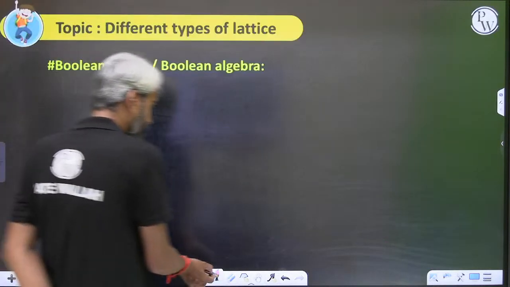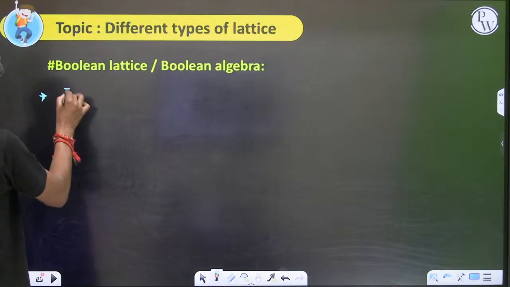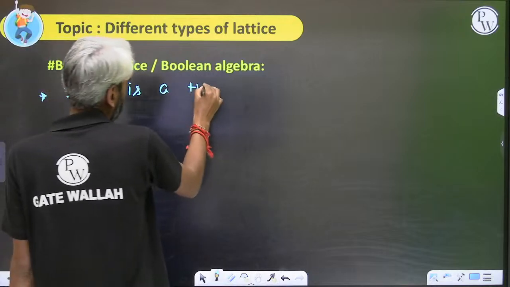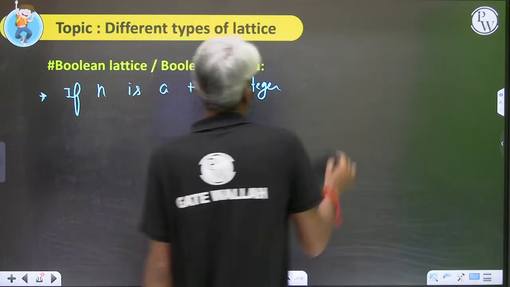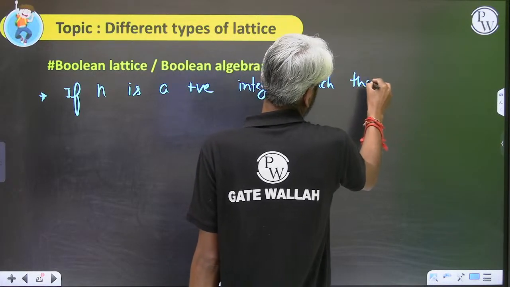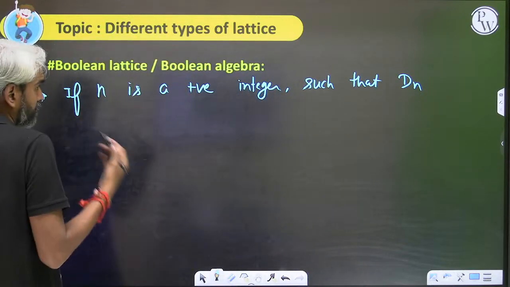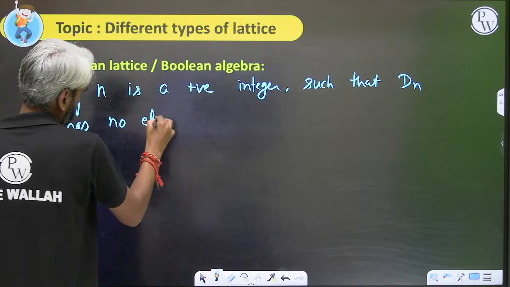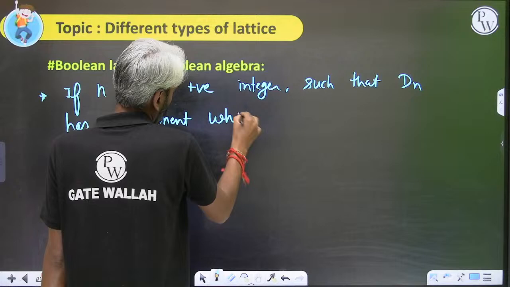What else can we define? Note down. If n is a positive integer, and Dn is the set of all divisors of n, such that Dn has no element which is a perfect square.